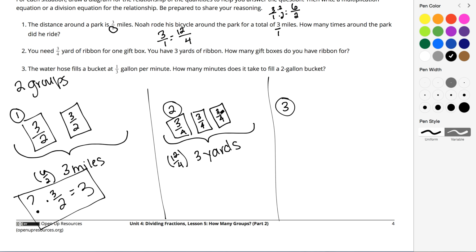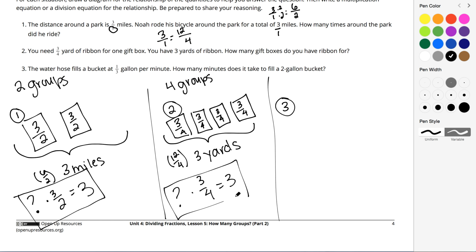Is that 12? No. I'm going to do it again. 3, 3, 3, 3. 12. Yes. I need 4 groups. So how many groups times the size of 3/4 is equal to 3 yards was the problem that we were solving.